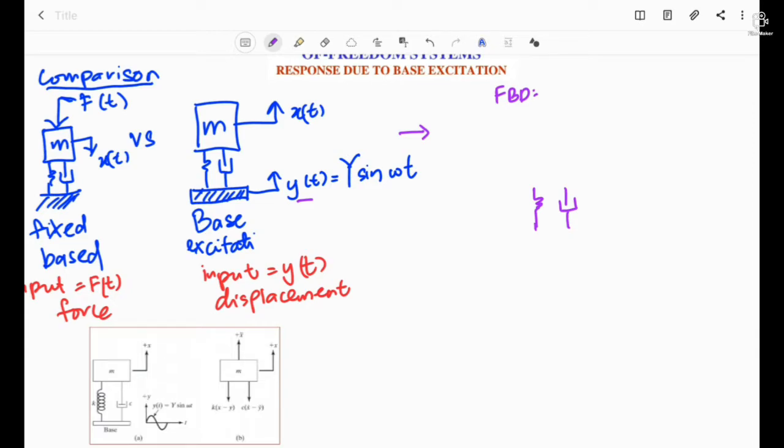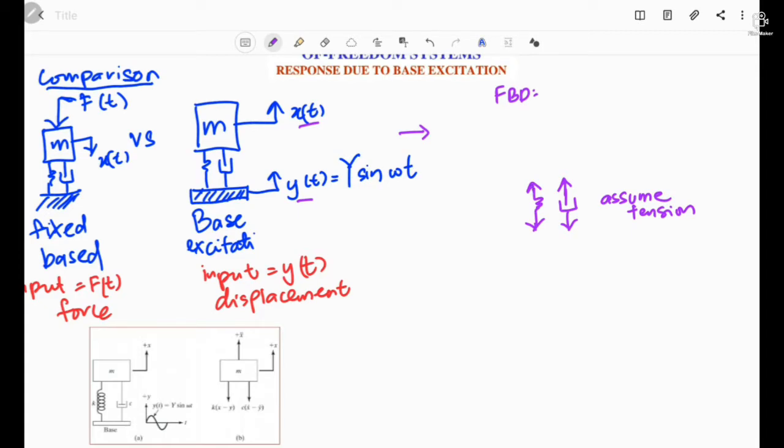So let's say I decide the thing is in tension. So assume tension. That's the first thing you need to do in this case, because the spring and the damper are located in between y and x. So the way you do it is slightly different. If you assume tension, this will go like this, the spring and the damper.